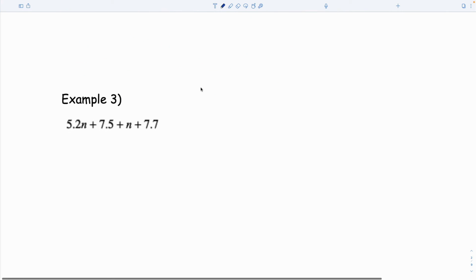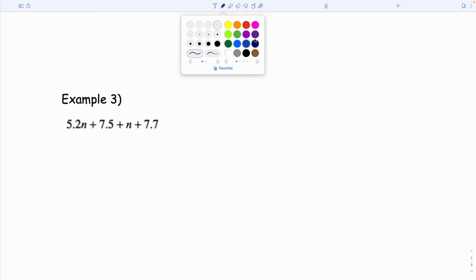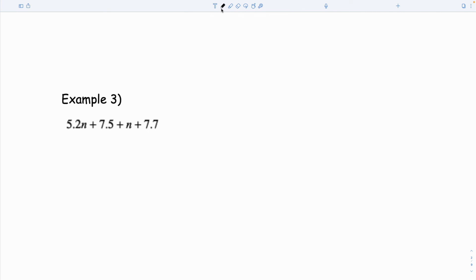Last example. We have 4 different terms. Let's look at the n. What do I see as another n value other than 5.2? What's another n that I see, Hendrix? It's just n. So let's think about the n. If you have just an n or just an x, you are able to write it as plus 1n.